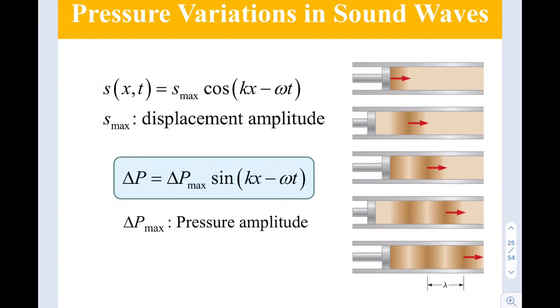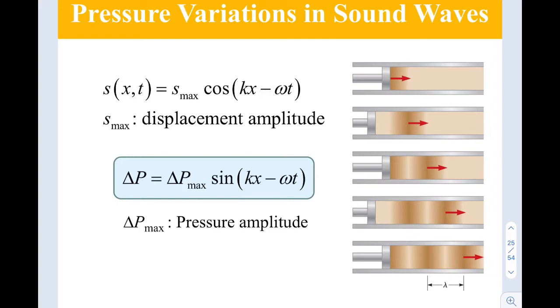So S equals S max cos(kx minus omega t). What is S max? It is the displacement amplitude. K is the wave number, and omega is the angular frequency. Why is it minus? Because it is moving to the right.